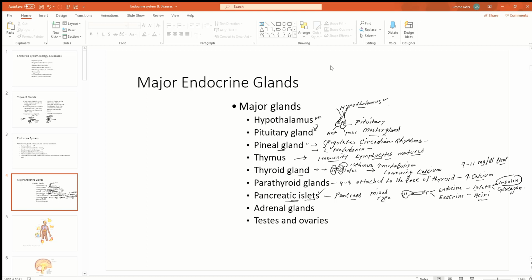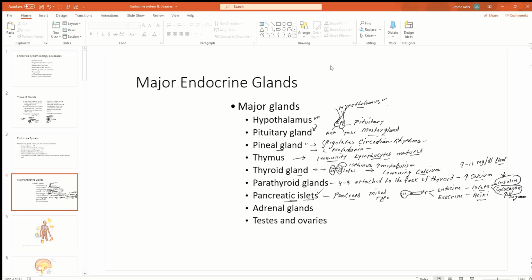Glucagon does just opposite, increases the blood sugar. So you see, same gland, endocrine part of pancreas, produces two hormones. One lowers the blood sugar, insulin, and another, glucagon, increases the blood sugar. And by the action of these two, your blood sugar is maintained, right?